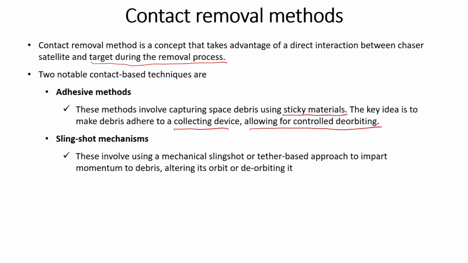This involves using a mechanical slingshot or tether based approach to impart momentum to debris. This tether based technique we have already seen when discussing the capturing methods, that is the electrodynamic tether. A similar type of tether is used here, and it is also called the gravity assist method.